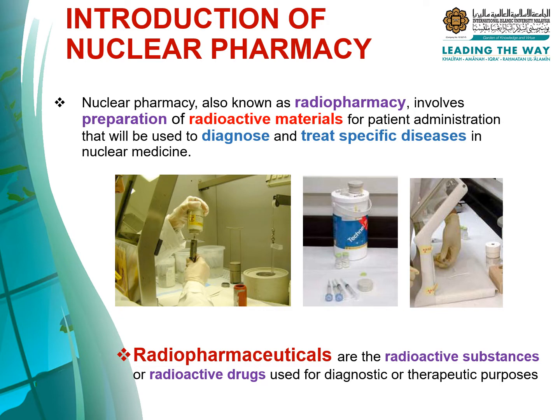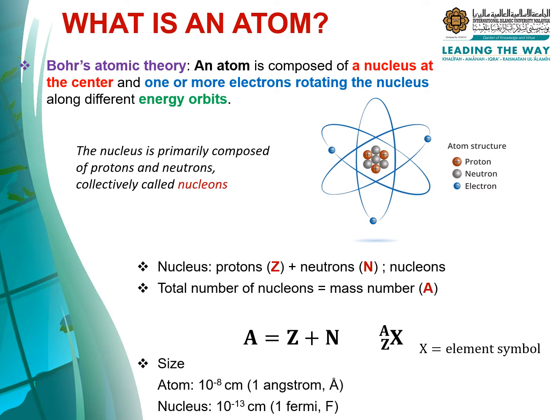You need to know the meaning of radiopharmaceutical. Radiopharmaceuticals are radioactive substances or radioactive drugs used for diagnostic or therapeutic purposes. According to Bohr atomic theory, an atom is composed of a nucleus at the center and one or more electrons rotating around the nucleus along different energy orbits.